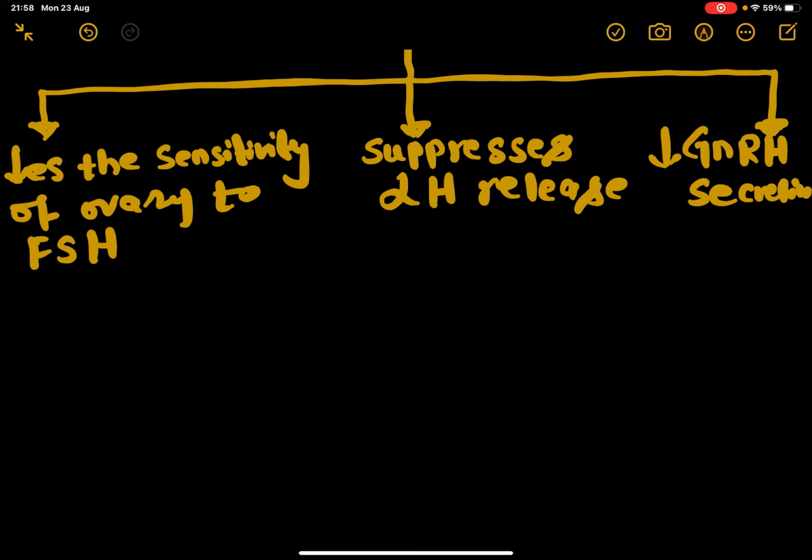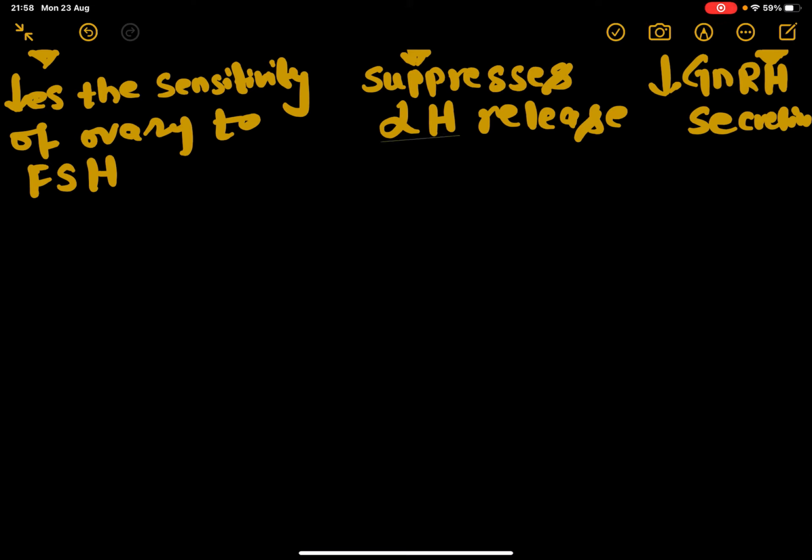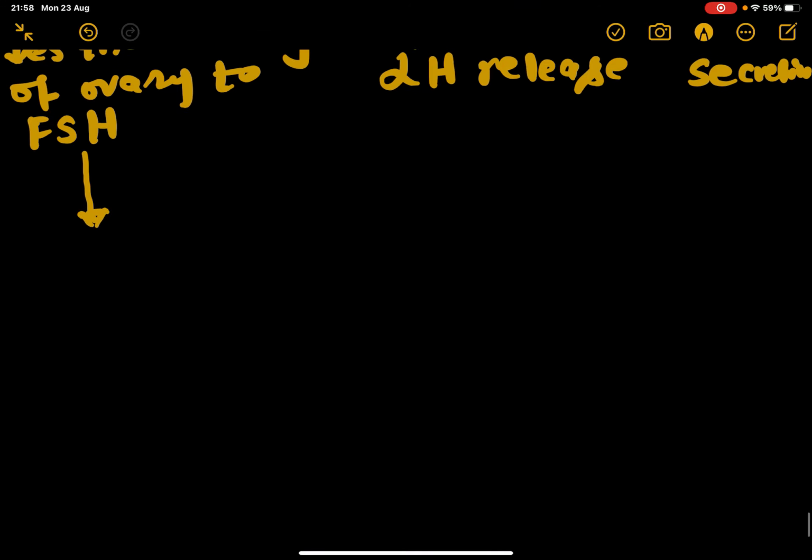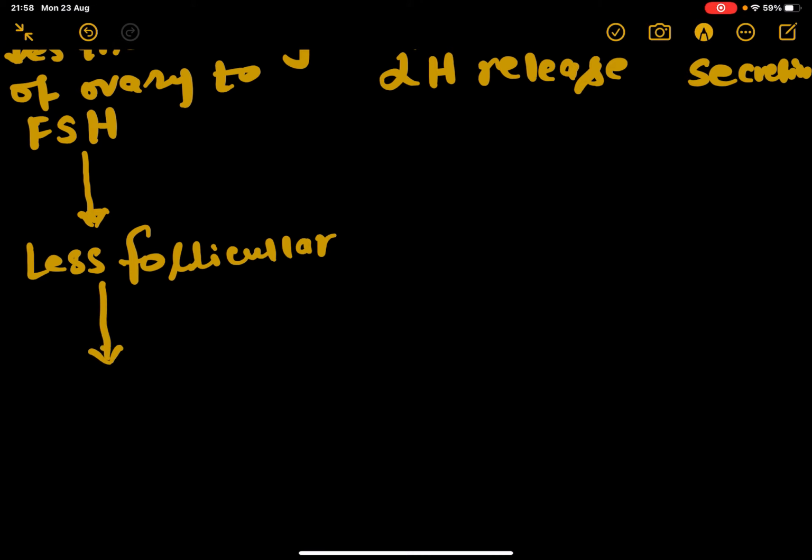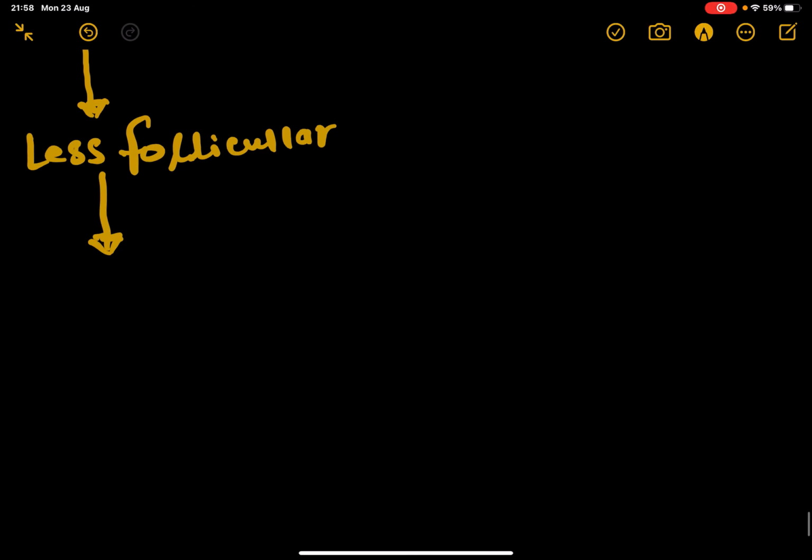As there is no sensitivity of the ovary to the follicular stimulating hormone, there will be no development of follicular cells, or fewer follicular cells. As you know, the follicular cells secrete the estrogens. That's why if there is a smaller number of follicular cells, no doubt the estrogen level will be down.